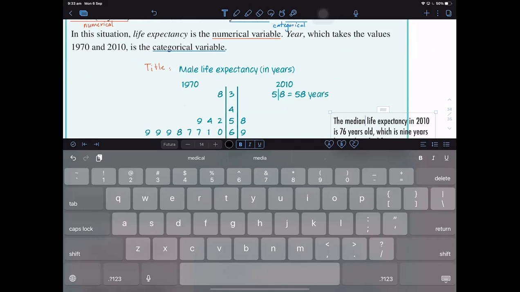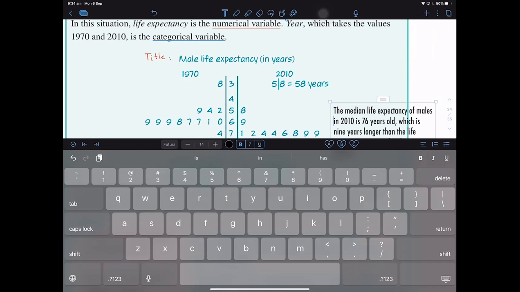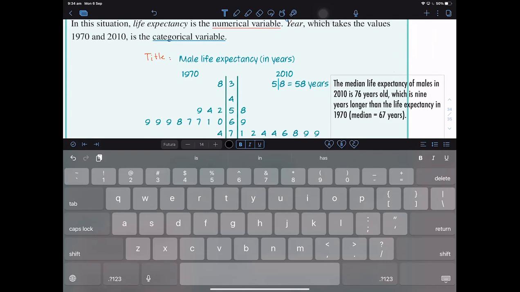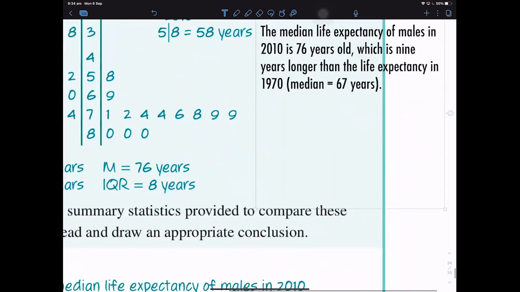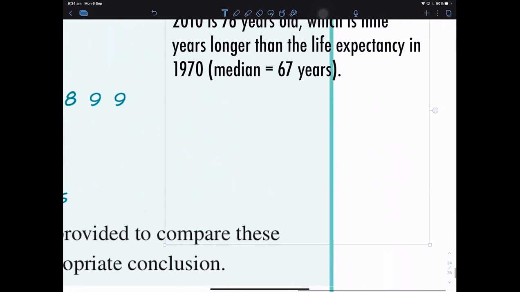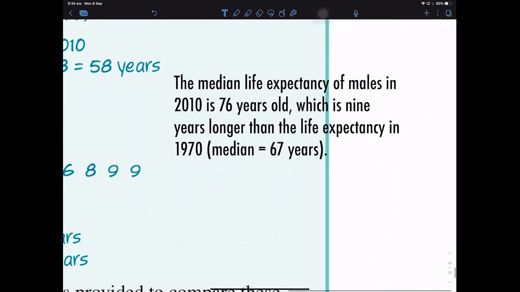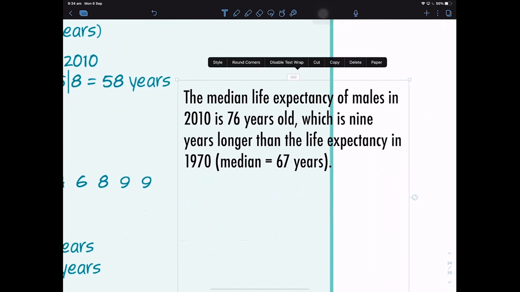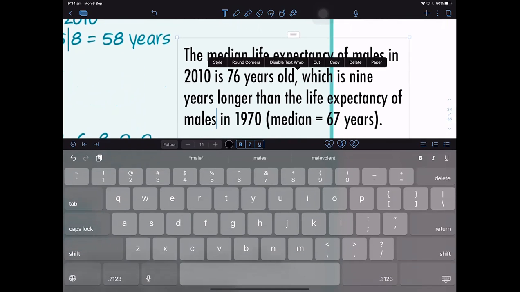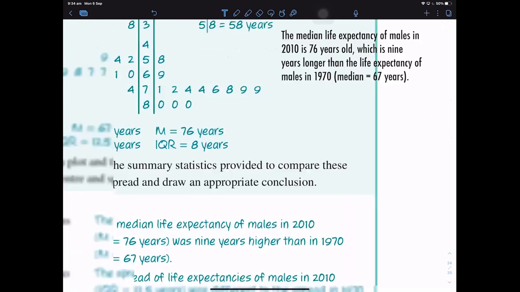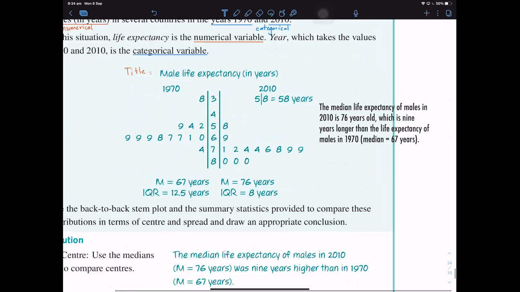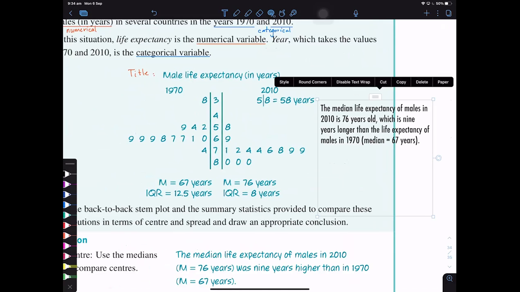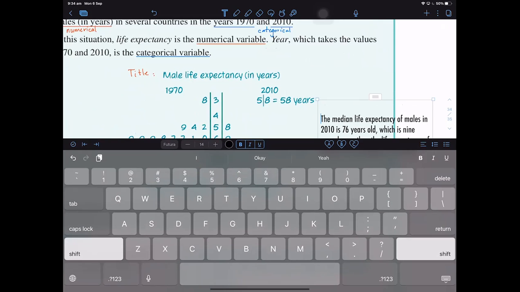So life expectancy of males in 2010 is 76 years old, which is 9 years longer than the life expectancy of males in 1970. And then you write there, the median is 67 years. So what have we just done here? We've done a comparison for the center or the location.